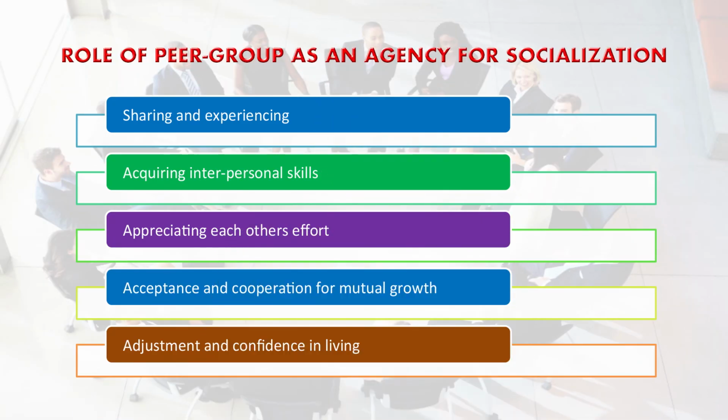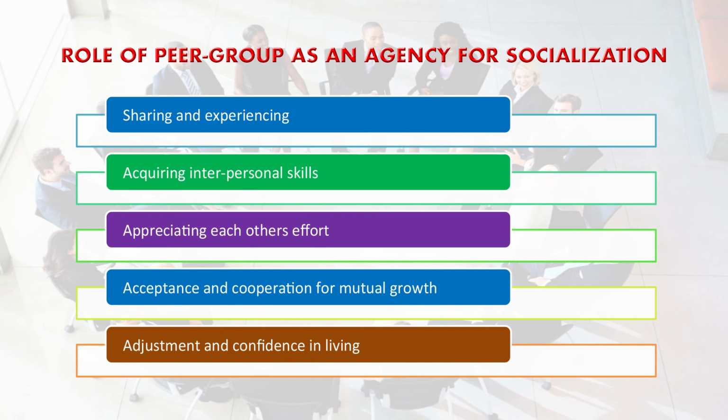So peer groups help us in sharing and experiencing, which is part of socialization. It also helps us acquire interpersonal skills and interpersonal relations, and it helps in appreciating each other's effort.